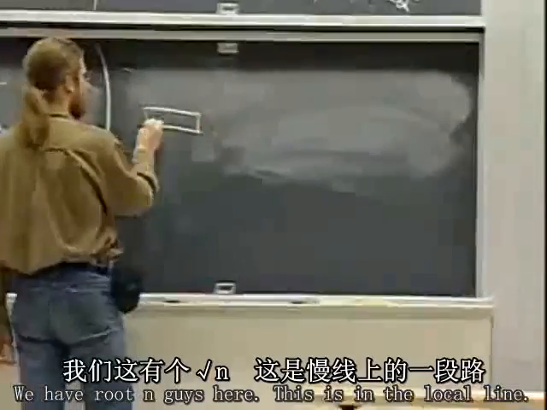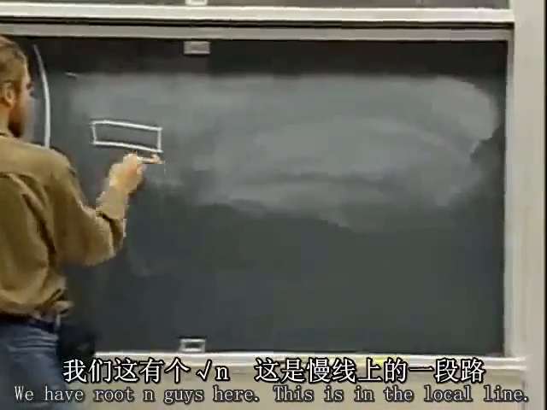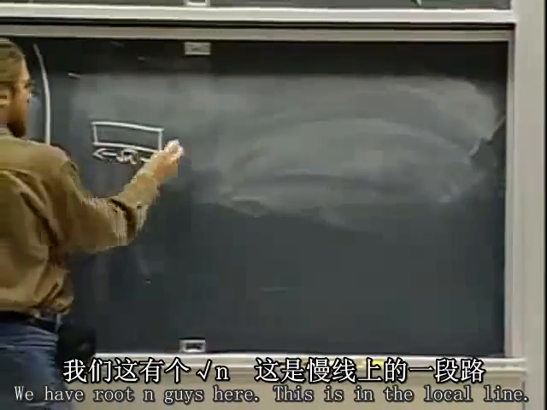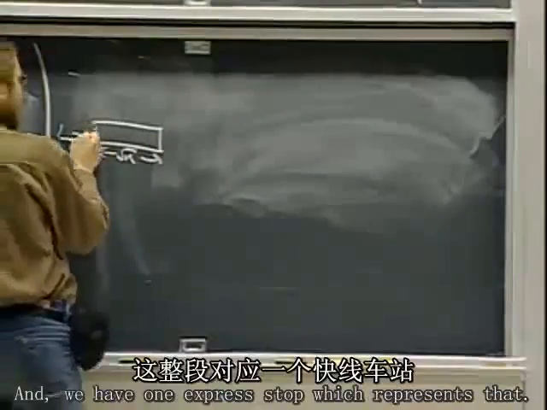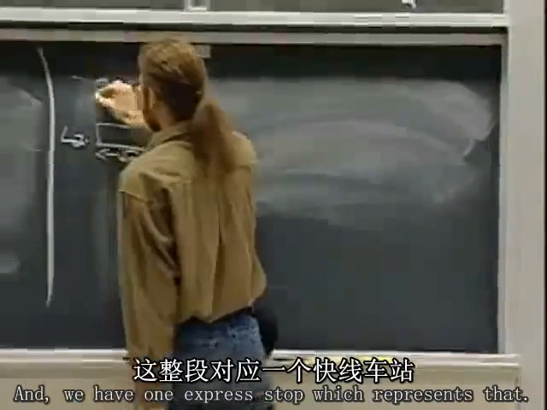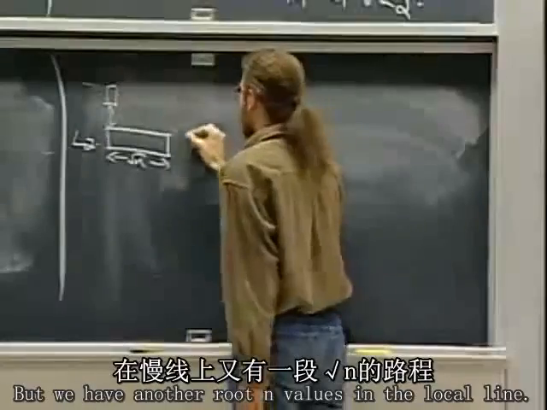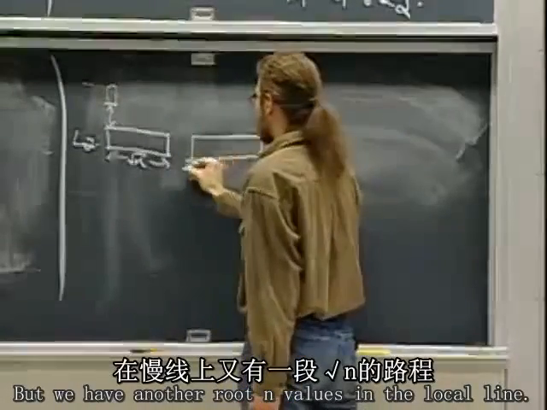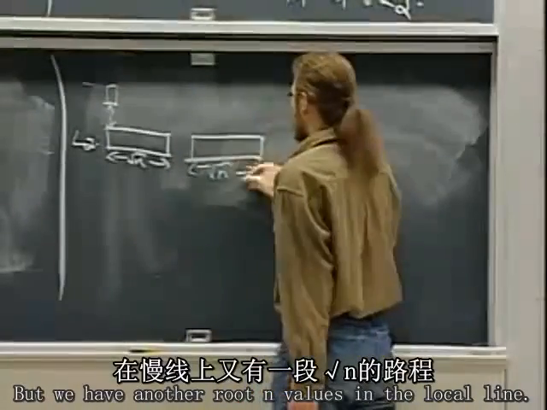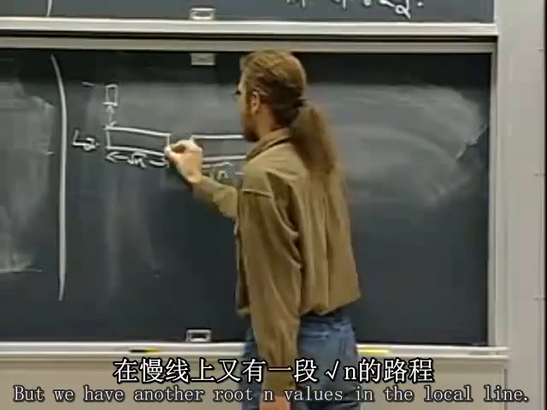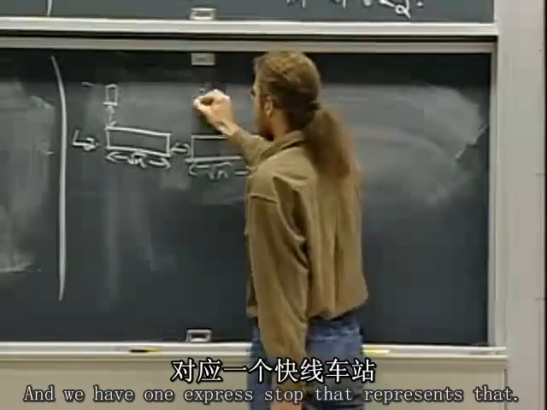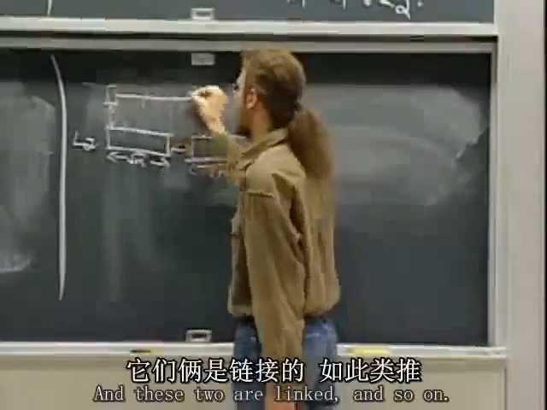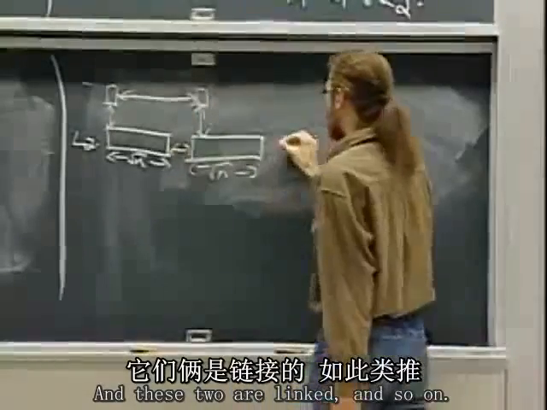This is what the structure looks like. We have root n guys here in the local line, and we have one express stop, which represents that. Then we have another root n values in the local line, and we have one express stop that represents that, and these two are linked, and so on.